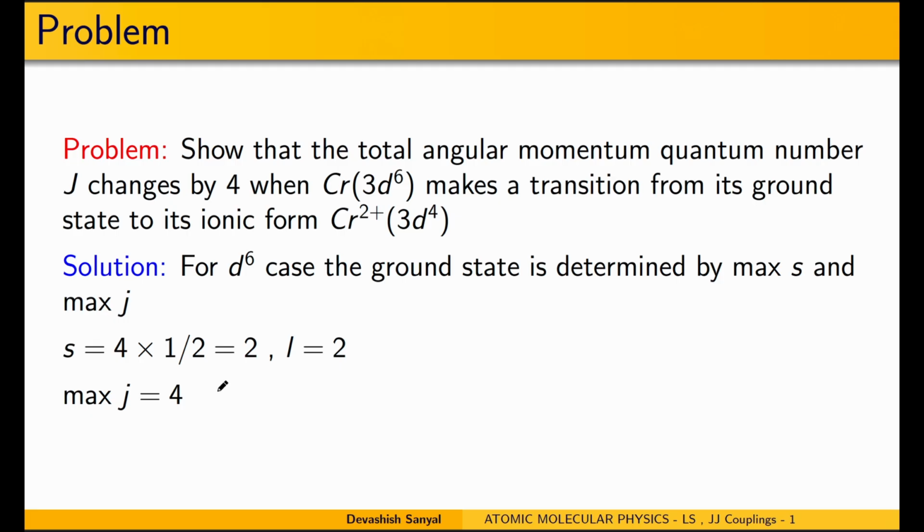Here in this problem, show that the total angular momentum quantum number, that is J, changes by 4 when chromium, which has a valence electronic configuration of 3d6, makes a transition from its ground state to the ground state of its ionic form, Cr2+ 3d4.